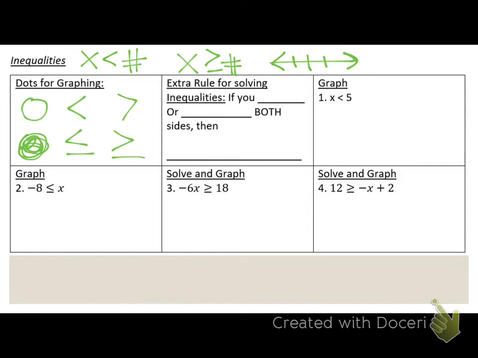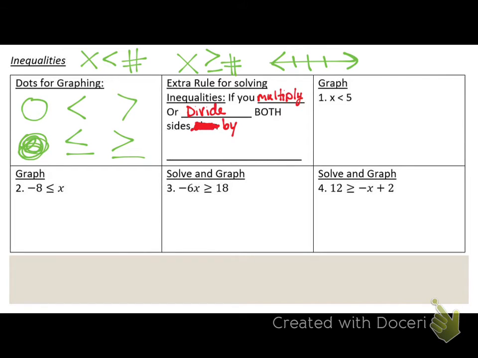All right, the next blank: if you multiply or divide both sides, and then you're going to cross out the word "then" because it matters, both sides by what? A negative.